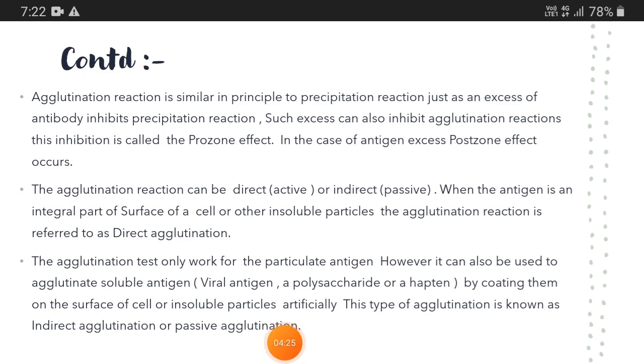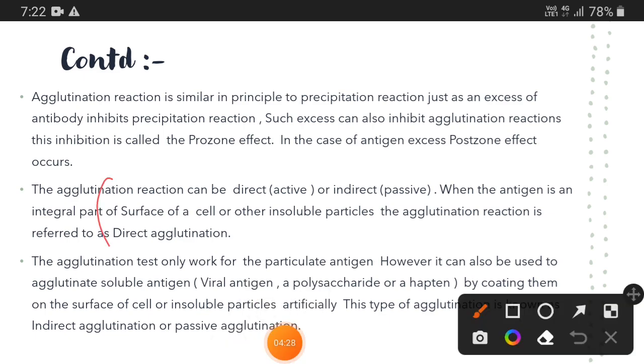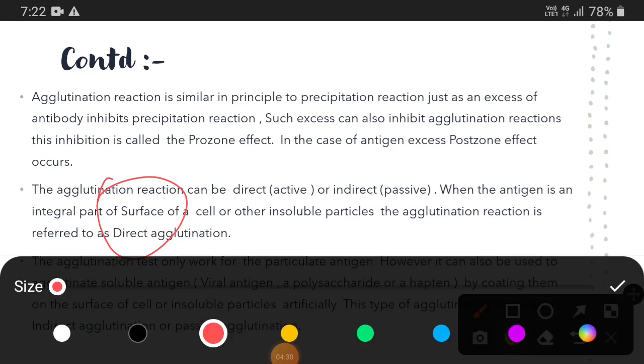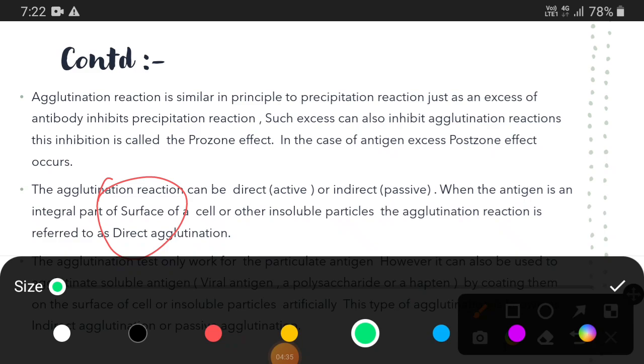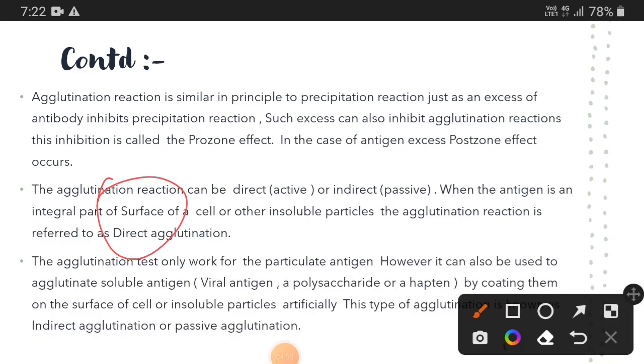In case of direct agglutination, suppose this green colored portion is the antigen. In direct agglutination, the antigen is present naturally on the surface of the insoluble particle or cell, as an integral part of it.